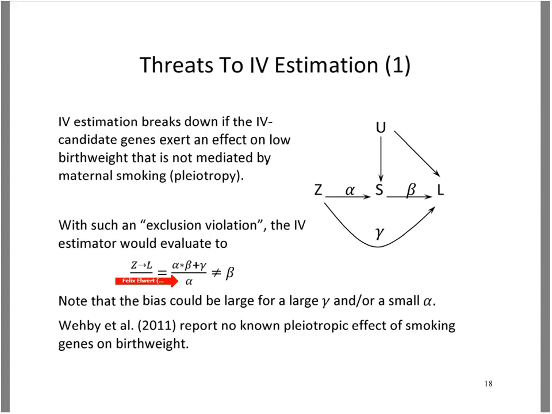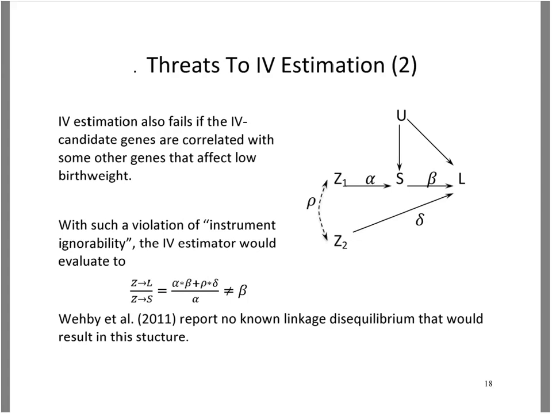Now, there's another way that this strategy could break down. The IV estimation would also fail if the IV candidate genes are correlated with some other genes that affect low birth weight.